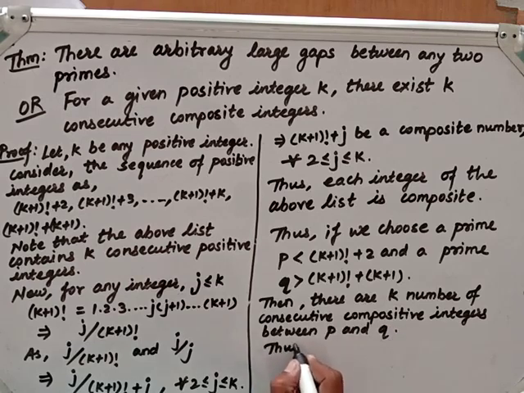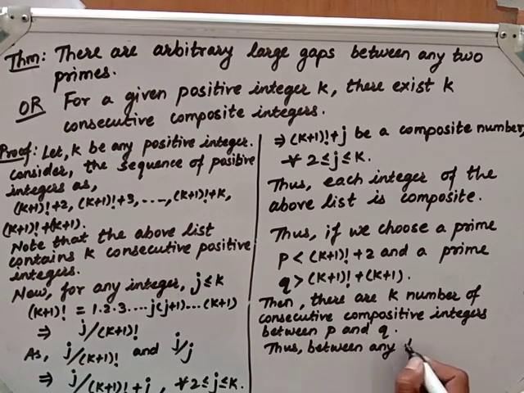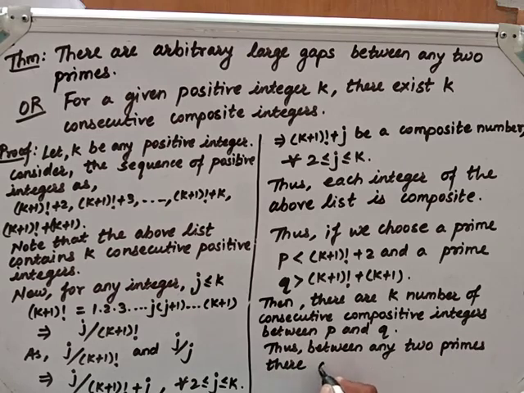Thus between any two primes, we cannot say what the gap between them will be. Thus between primes there are arbitrarily large gaps.